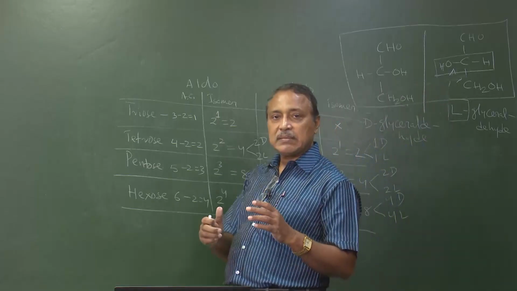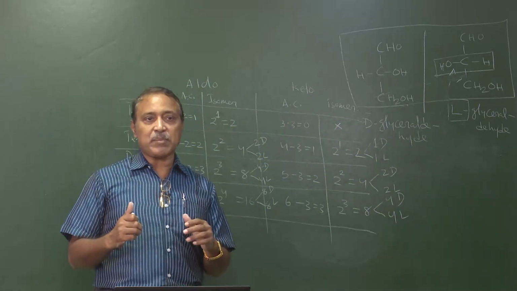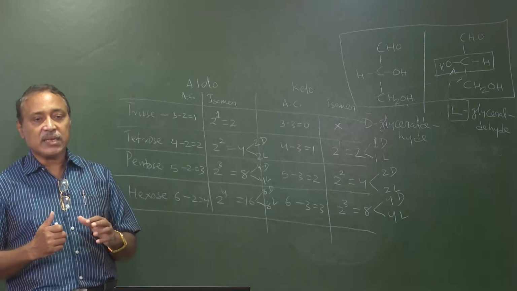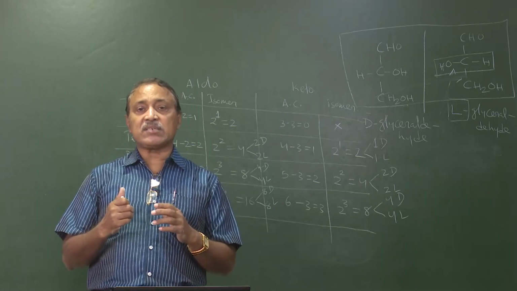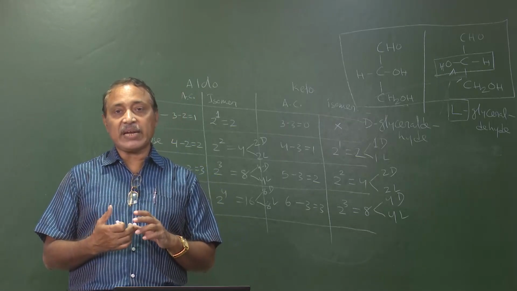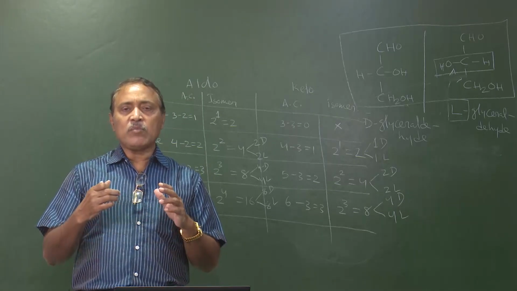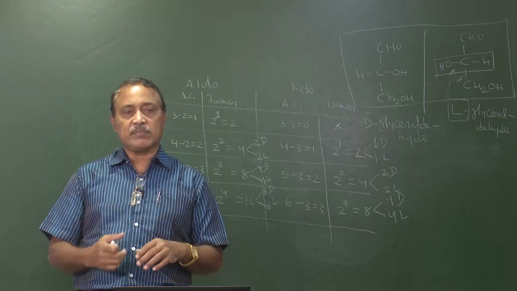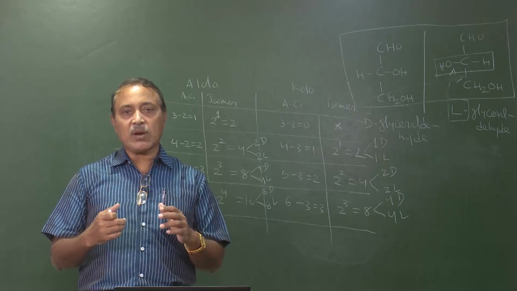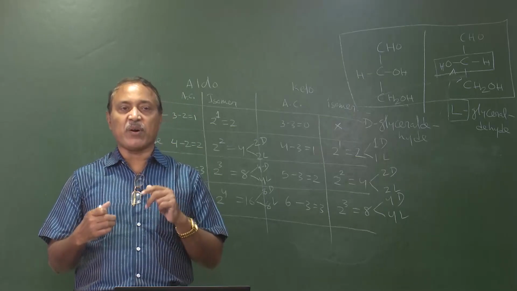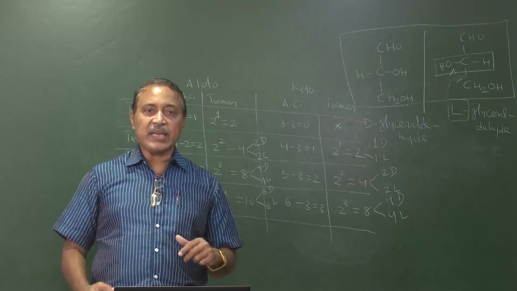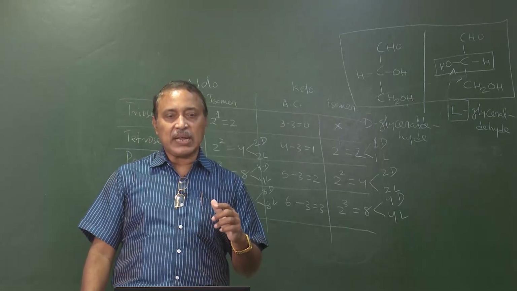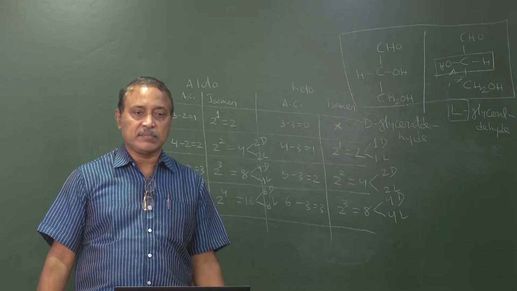What happens in nature? If we examine nature, these monosaccharides, we will find an interesting phenomenon. What is that? Almost all monosaccharides are available in D form. That is why we learn the structure of the D form.